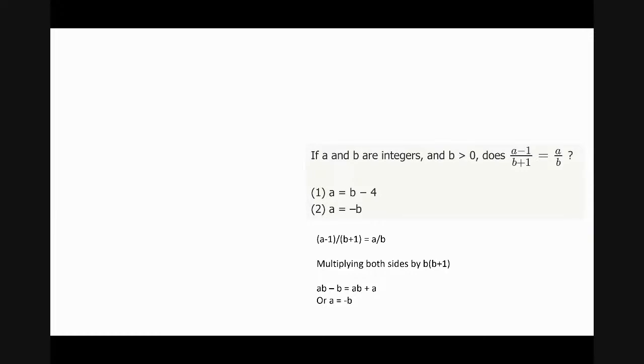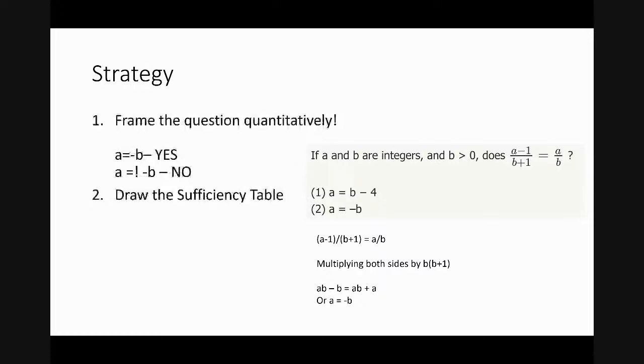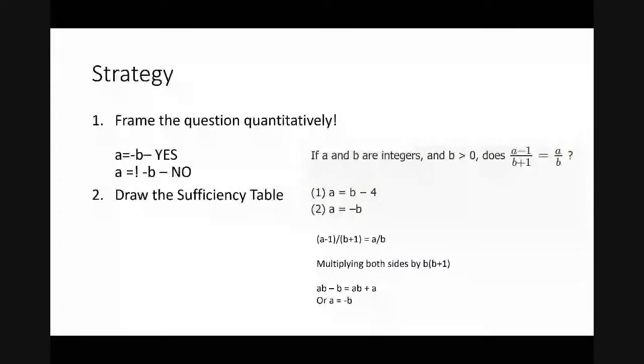So then what I'm essentially asking is, is a equal to minus b? Is this a yes-no question? Yeah, it is. Either yes, a equals minus b, or no, a is not equal to minus b, right? Does that make sense?